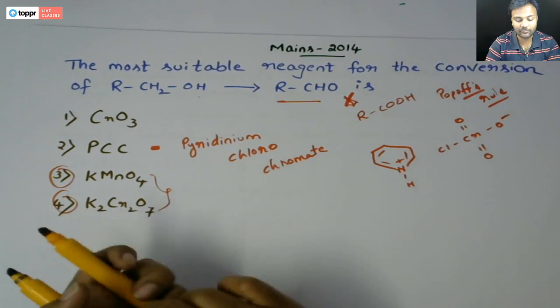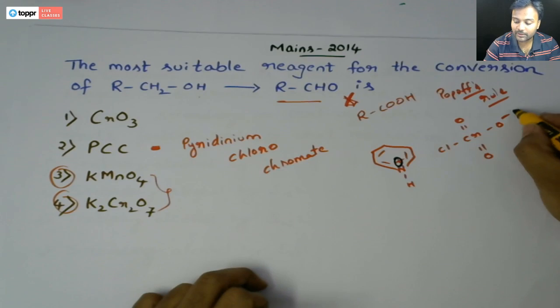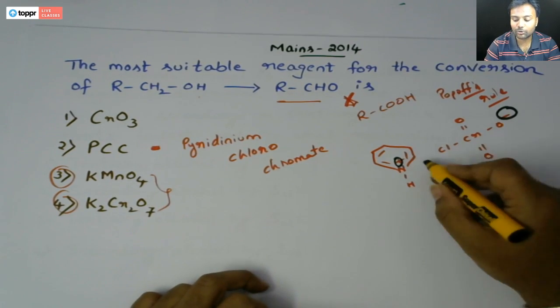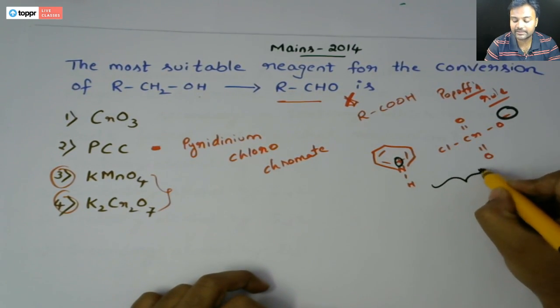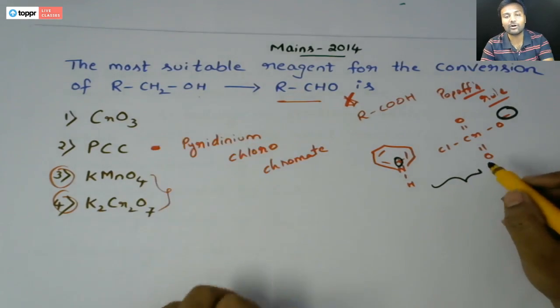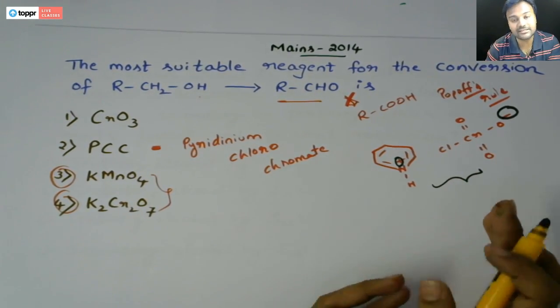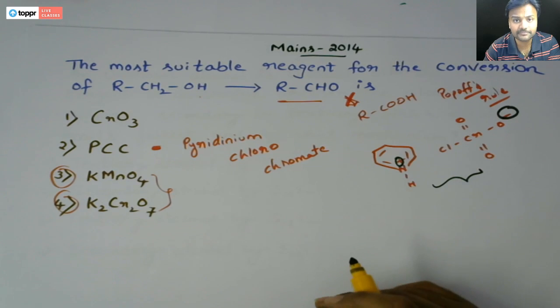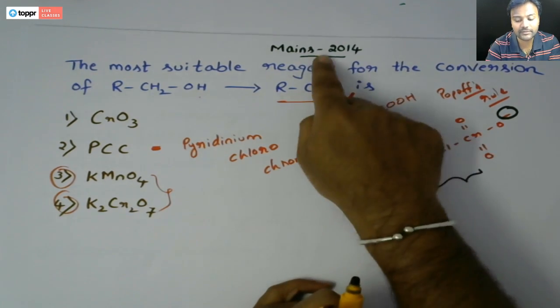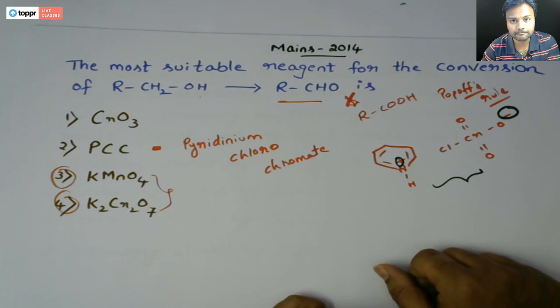That means we have positive here, negative here. Pyridinium chlorochromate, PCC, is the reagent which can convert primary alcohols to the aldehyde level only. The further oxidation is prevented because this is a mild oxidizing reagent. Got it, students? This was a question asked in Main 2014.